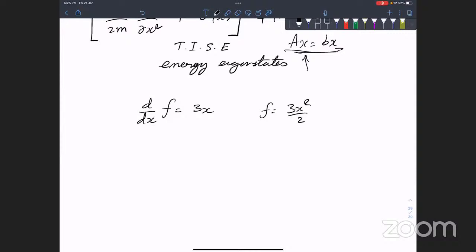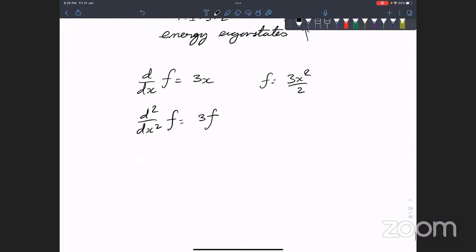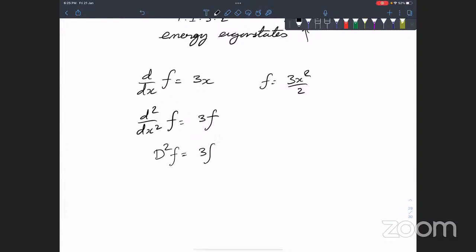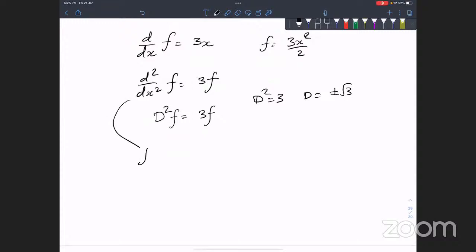Now imagine, however, a different equation: d square by dx square of f is equal to 3 times f, for example. You can write it as d square f is 3 times f. So d square equals 3, d is equal to plus or minus root 3. And so the possible solutions of f are a constant a multiplied by e to the power minus root 3x plus b times e to the power plus root 3x.